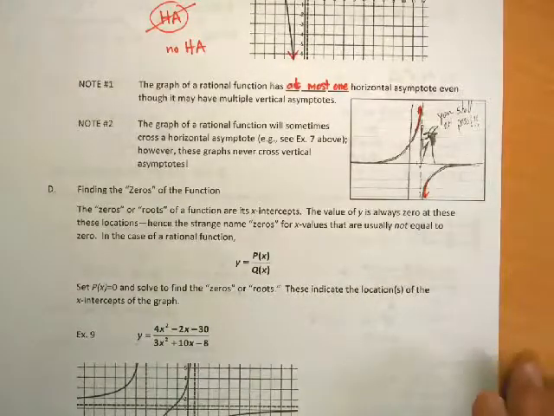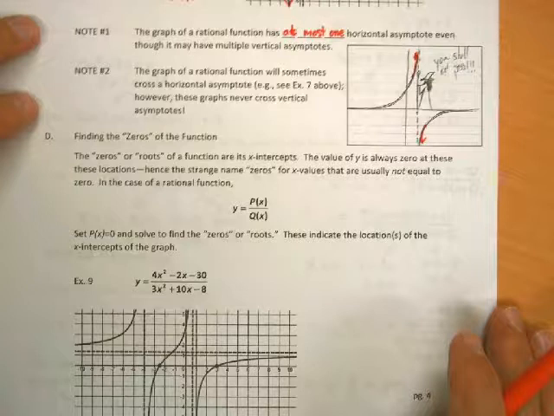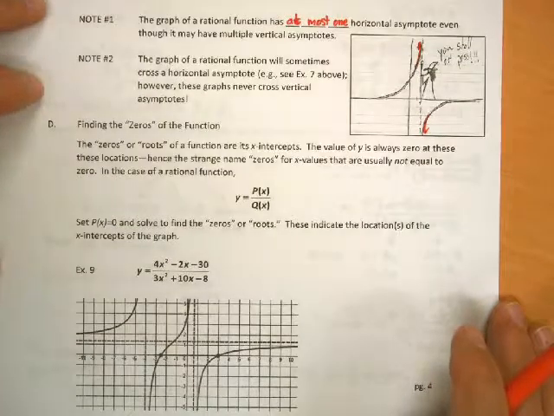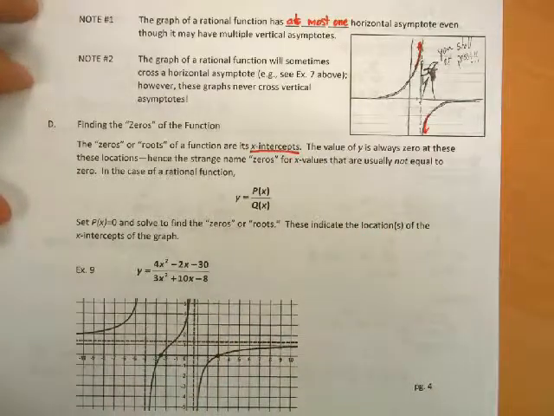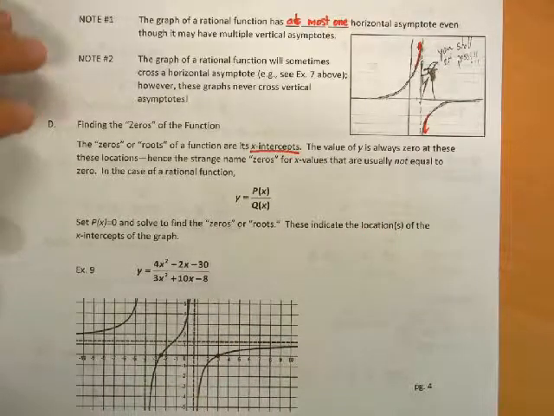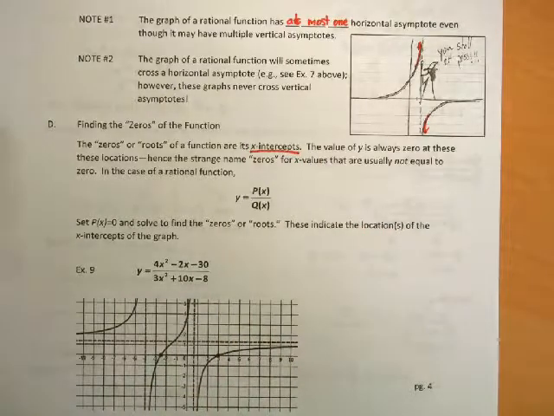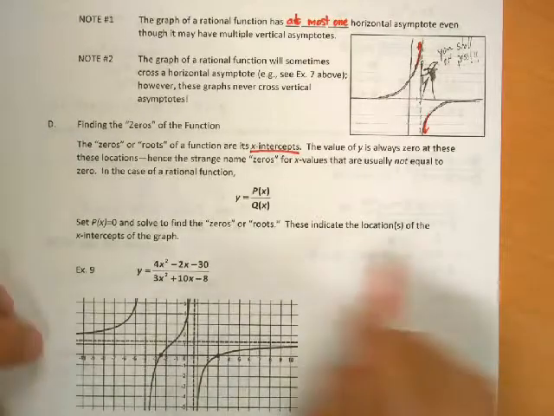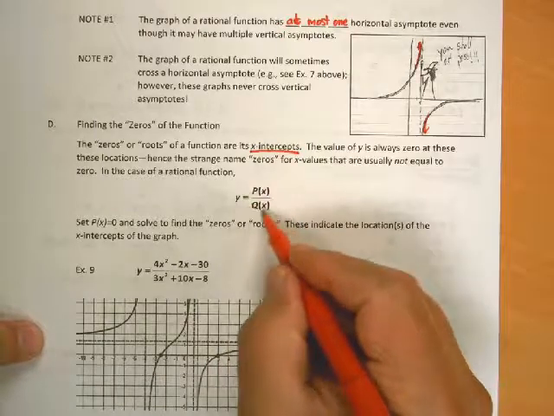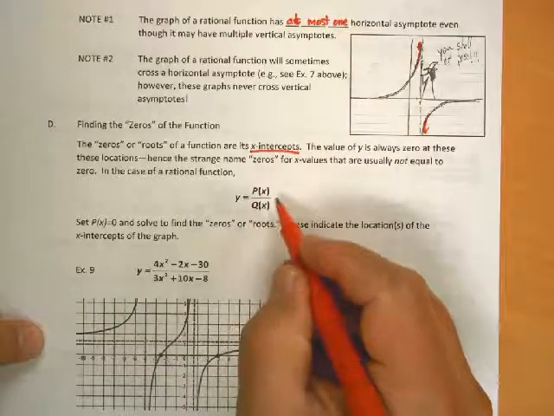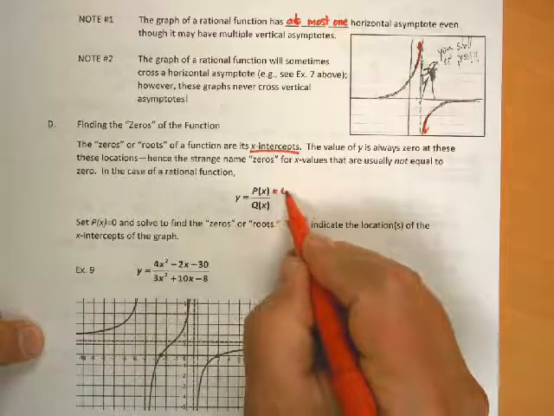Okay, the next thing we're going to turn our attention to is finding the zeros of the function. Maybe you remember from previously in the course we learned that zeros are x-intercepts. They're the places where the graph has a y value equal to 0. So if you think for yourself about how you get a fraction to equal 0, there's only one way to do it, and that's to get the top equal to 0.